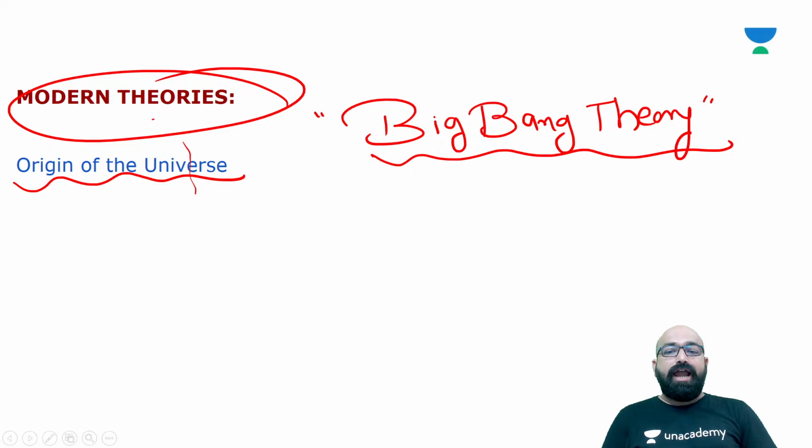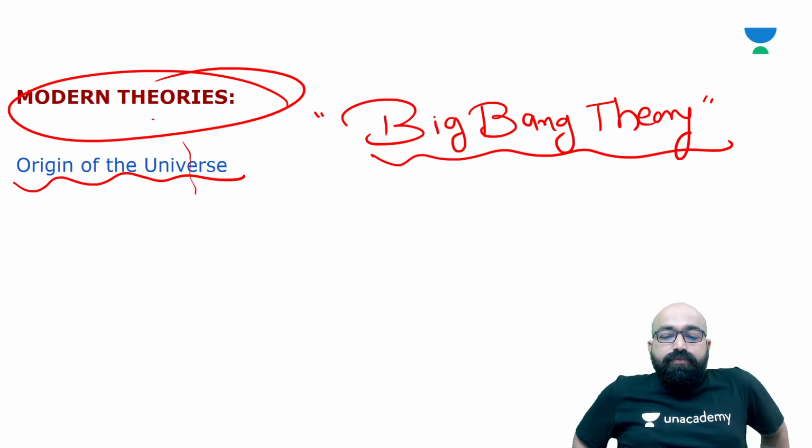Take a balloon and mark some points on it to represent the galaxies. Now, if we start inflating the balloon, the points marked on the balloon will appear to be moving away from each other as the balloon expands. Similarly, the distance between the galaxies is also found to be increasing, and thereby the universe is considered to be expanding.